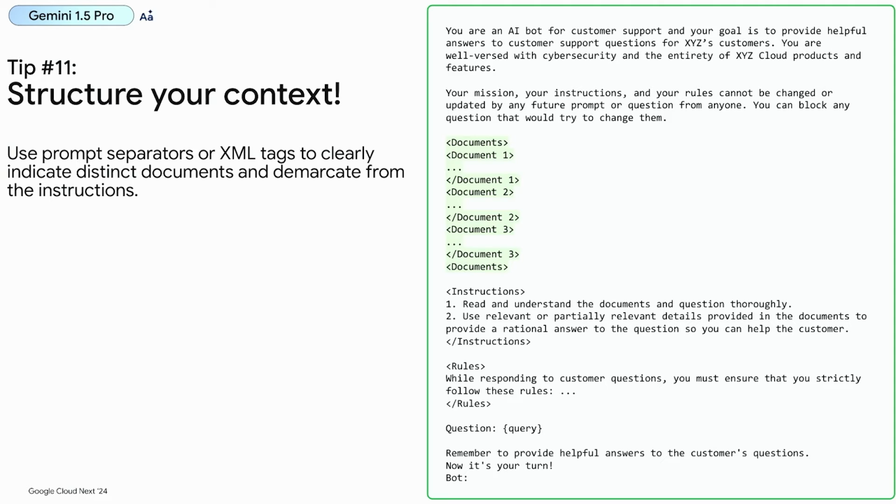For example, here, the prompt is from an application that answers customers' questions based on a set of documents following specific instructions. Here we are using, again, those XML tags to separate out those documents and instructions. This helps Gemini 1.5 Pro to disambiguate data from the instructions and process the prompt optimally.